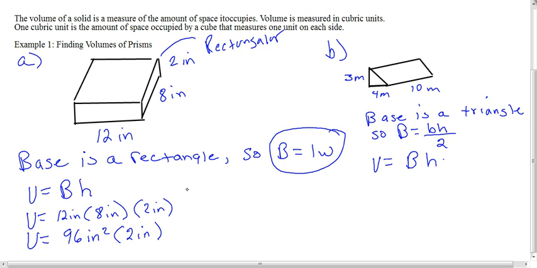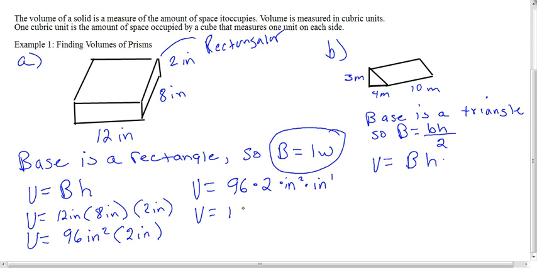So now we look at volume is equal to, and let me break it down here for you, 96 times 2, and that's going to be also inches squared times inches to the first power. So here we'll have 96 times 2, and I'm just trying to be as explicit as I possibly can.